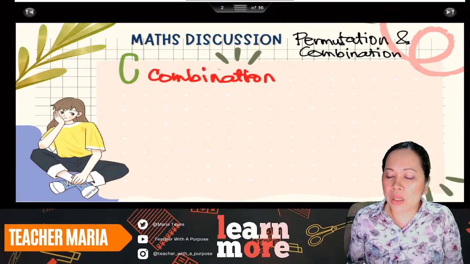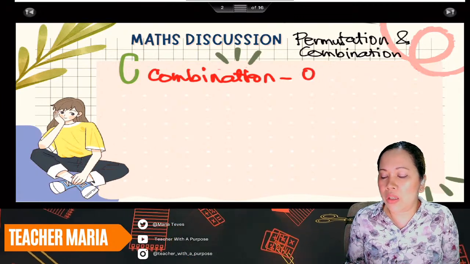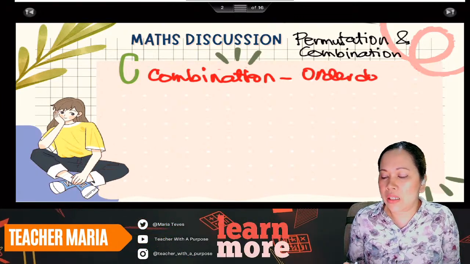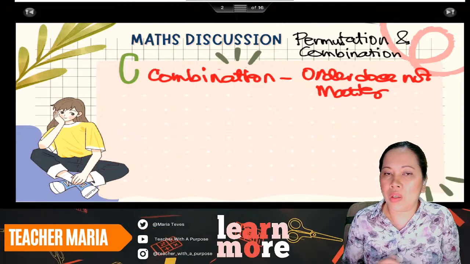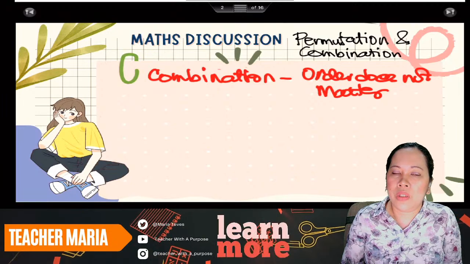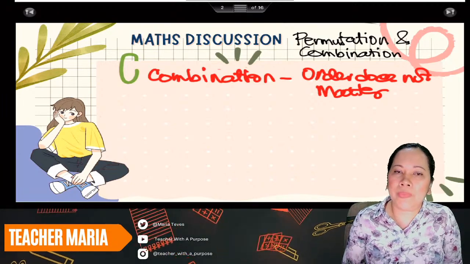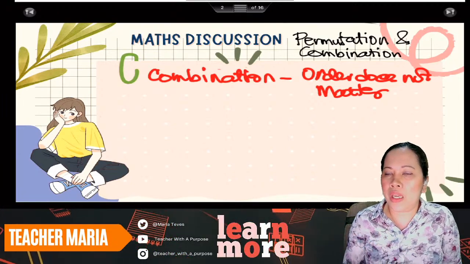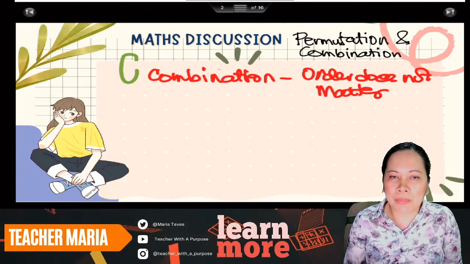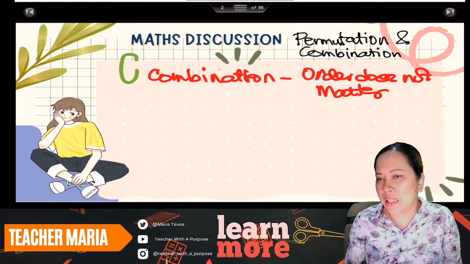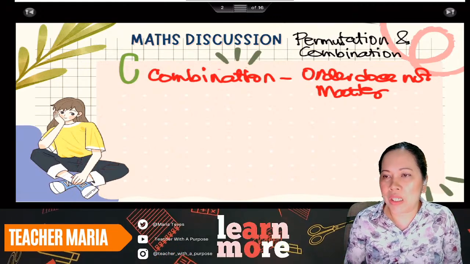If we talk about combination, the order does not matter. Okay, so let's say for example the department, or in any form, there are 7 faculty members, and 3 must attend the graduation ceremonies.